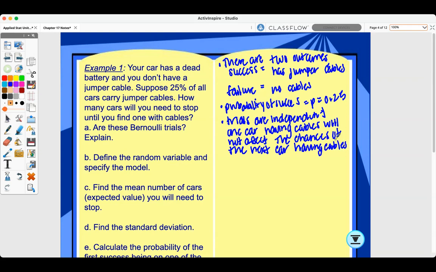So B, define the random variable and specify the model. So our random variable X will be the number of cars until one has cables.